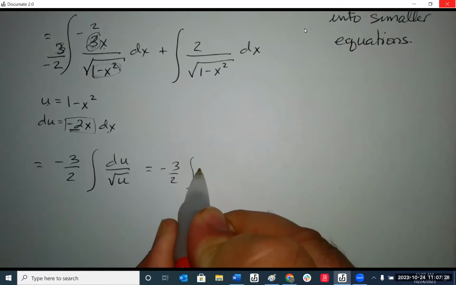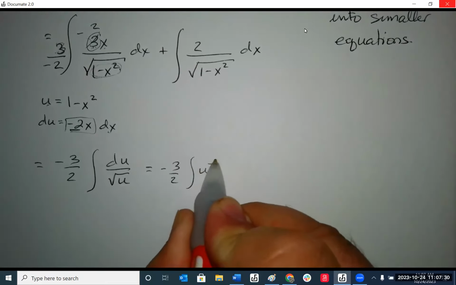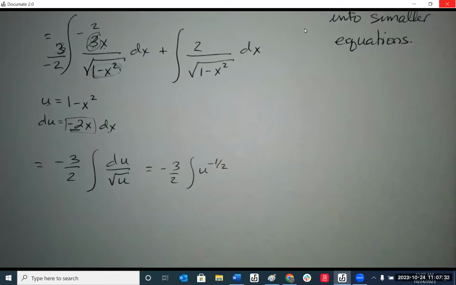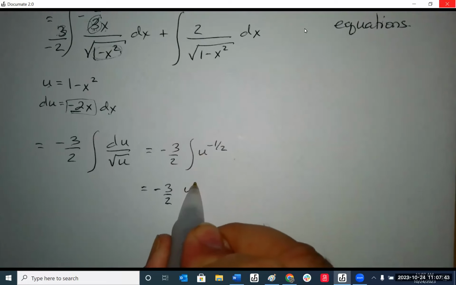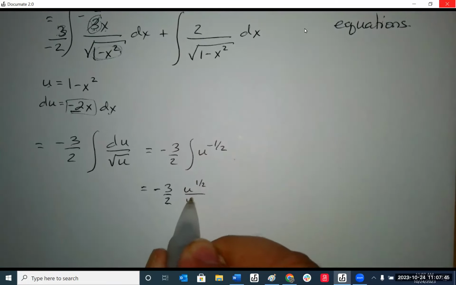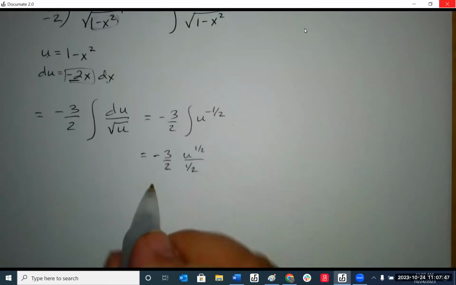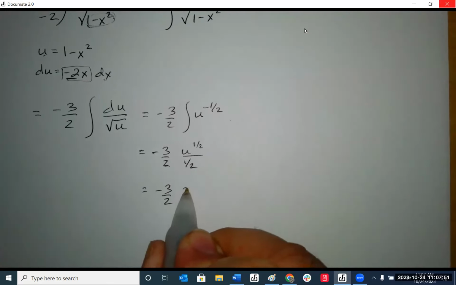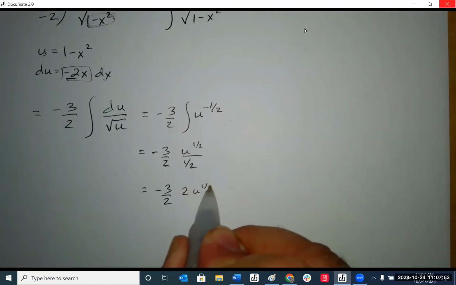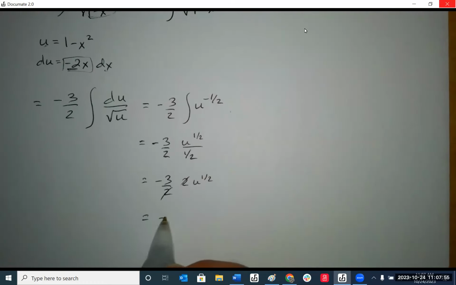The integral of u to the power -1/2 is u to the power 1/2 over 1/2, times -3 over 2, so we have -3 times 2 square root of u... that is, -3 square root of u.